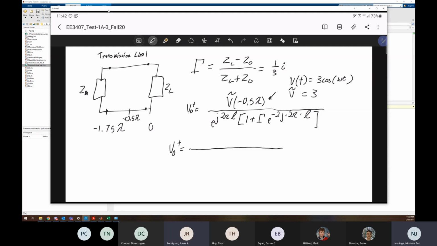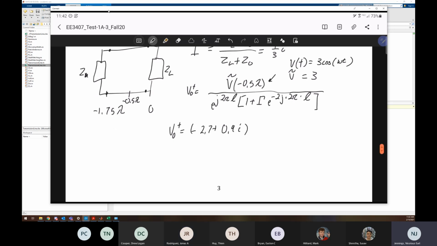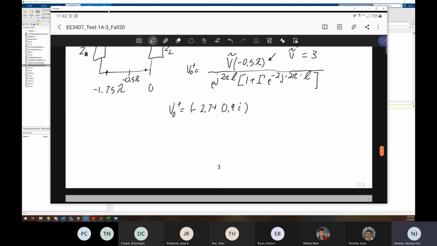Okay, I think I ended up getting negative 2.7 plus 0.9 j. That is exactly correct. Yep. And then once I saw this, in this test, I was kind of like, oh, maybe I'm on the right track, right? Nice easy numbers. Don't be afraid if you get nice easy numbers, because it actually does help the work go along, so you don't have to worry about it.